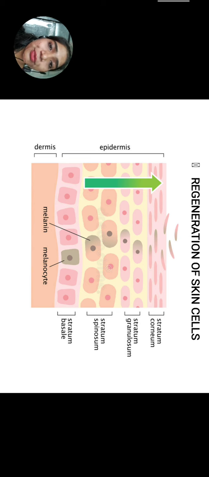They should be shed off, or flushed off from the skin. That is the reason we have been suggested that we need to apply masks, and we need to keep on cleaning our face. Cleansing, toning, moisturizing we will learn in the next session. Today we are going to learn the basics of the skin.